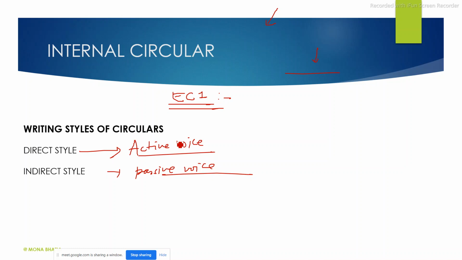If the same circular is written in a passive voice, जैसे अभी मैंने बोला ये active में था, all the staff members must report. ठीक है, और अगर इसी को पैसिव में कर दूं, it is being conveyed to all staff members that they are required to be present in the meeting 15 minutes in advance.